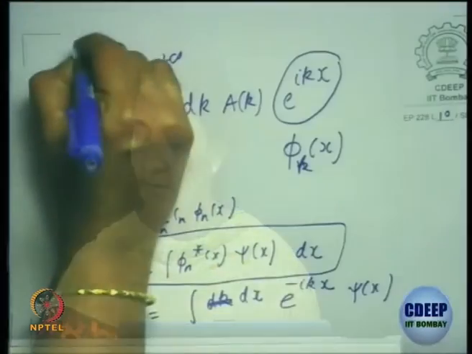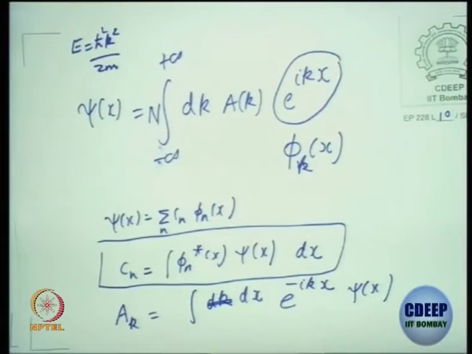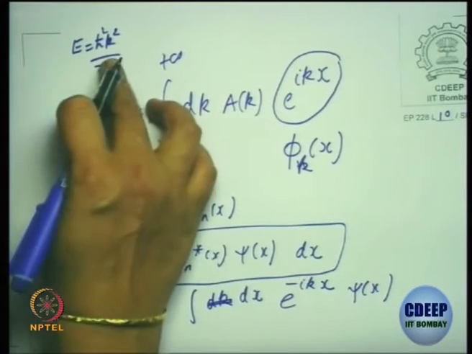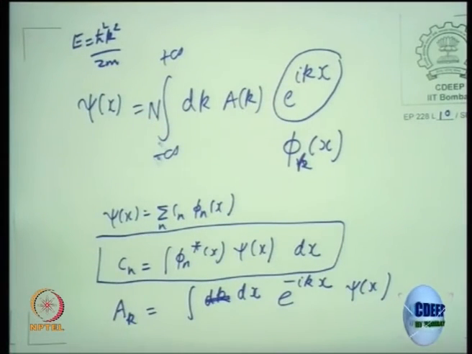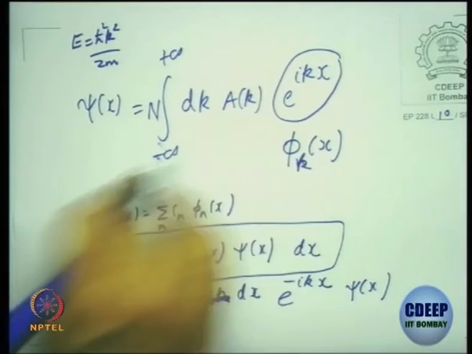Take the free particle, will have energy to be h cross squared k squared over 2m, which is p squared over 2m. You can replace your k as square root of 2mE by h cross, this k, and you can start doing that problem where it is involving Fourier transform, go from the k space to the x space.